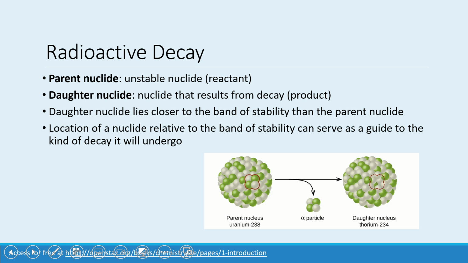The daughter nuclide should lie closer to the band of stability than the parent. And so remember, we're constantly trying to get closer to that narrow blue band of stability. And based on where that nuclide resides in terms of the band of stability, whether it's above it, below it, or beyond it, will give us a guide as to what type of decay it's going to undergo.